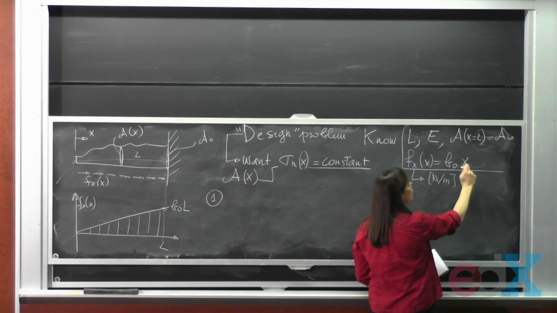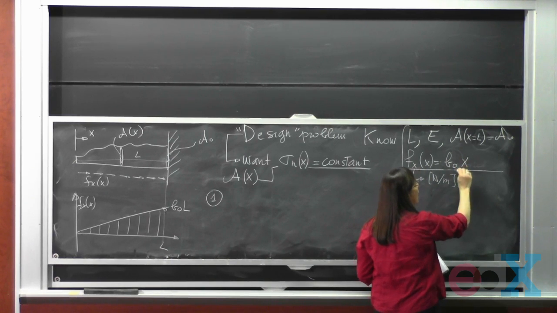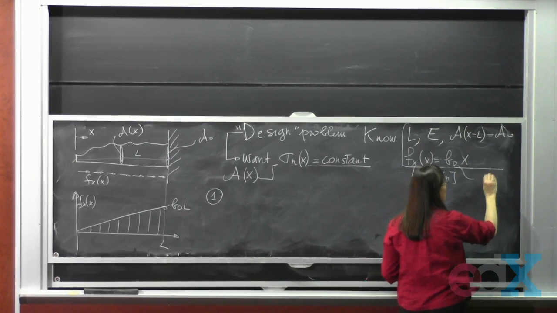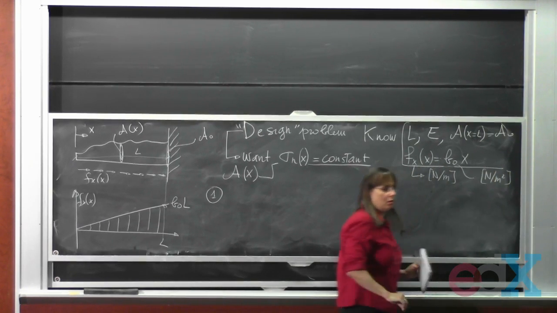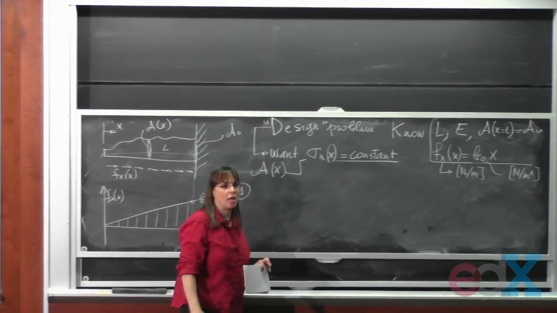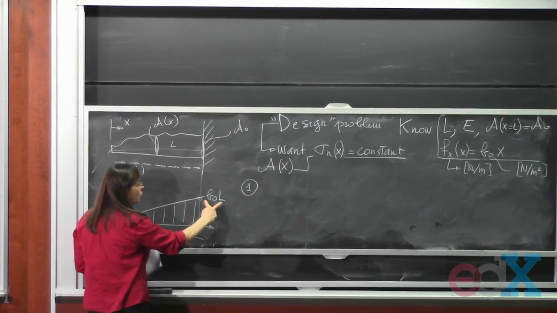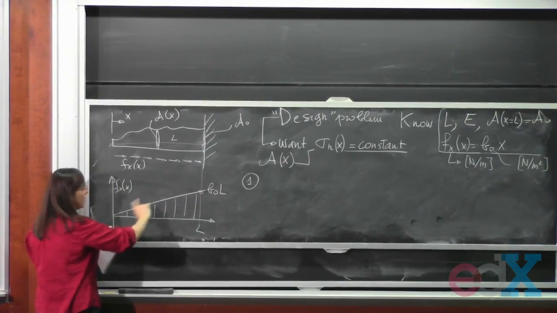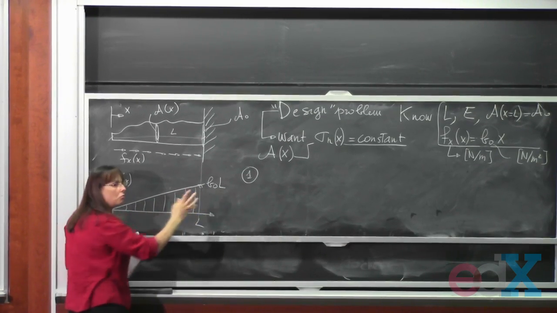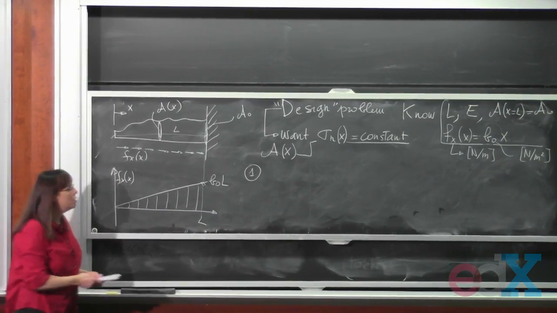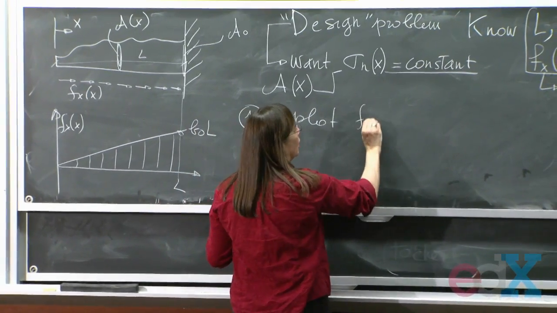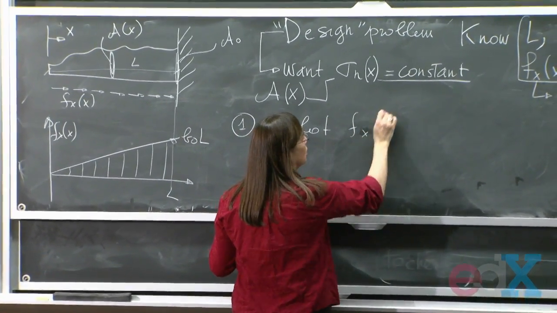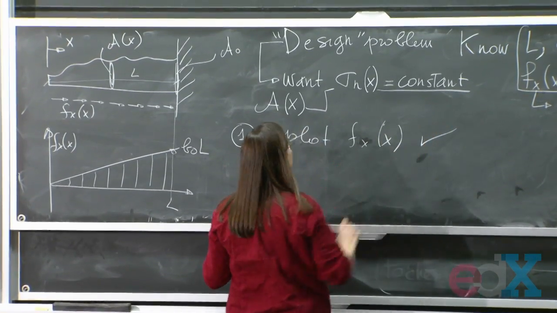So if I obtain it multiplied B0 by x, it means that my B0 needs to be in Newton per meter squared. Okay, so this is not a dimensionless constant. So when I then do B0L, I have the distributed load here, which is going to be Newton per meter. Okay? So one, plot Fx of x. Boom, done.